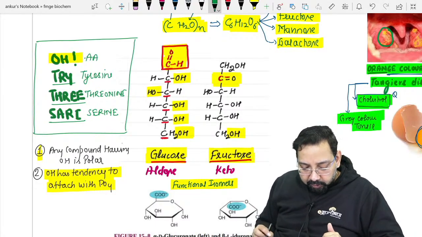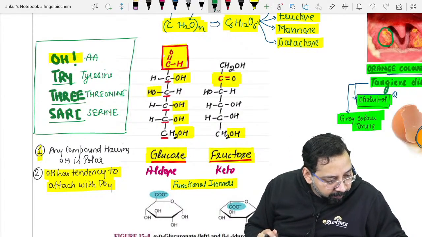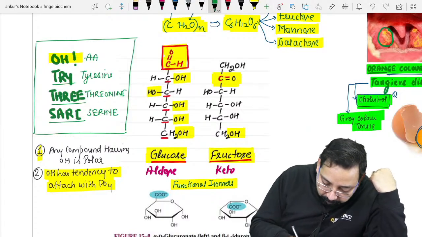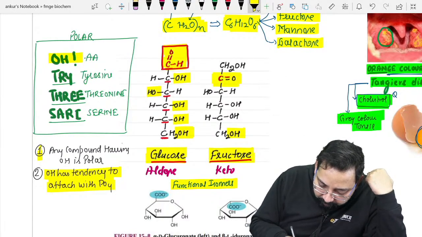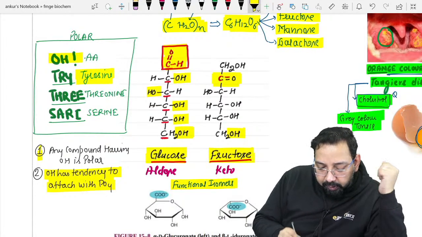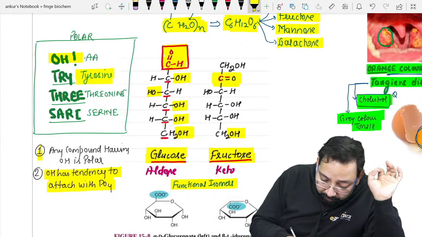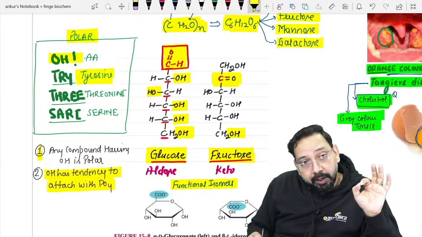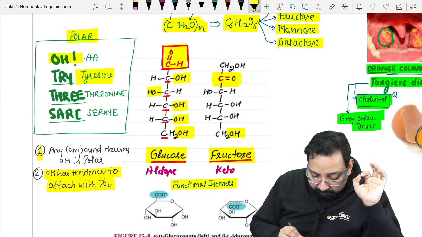So if I ask you, these amino acids are polar or non-polar? These are polar. There is controversy about tyrosine, but for the time being you consider it polar. Wherever you find an OH group, the compound is polar, and the OH group has a tendency to attach with phosphate.